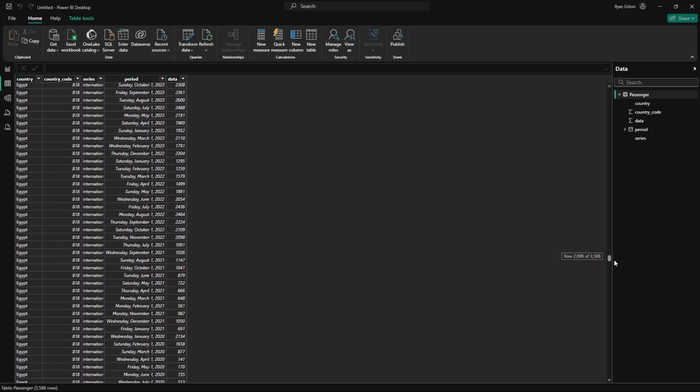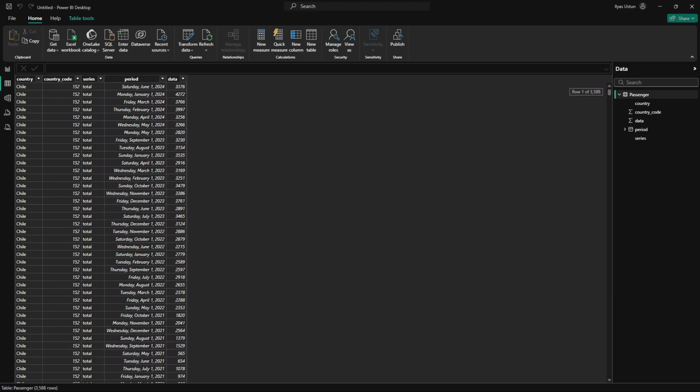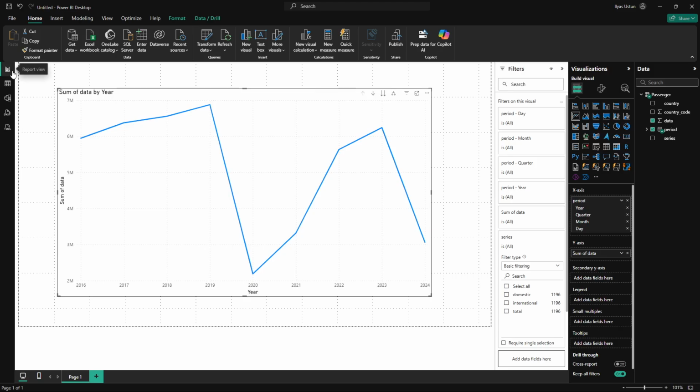There's quite a few countries there. So it takes all of those countries, all of the values for 2016, and adds them up, but in this case it adds domestic plus international plus total. So that's what this value represents.